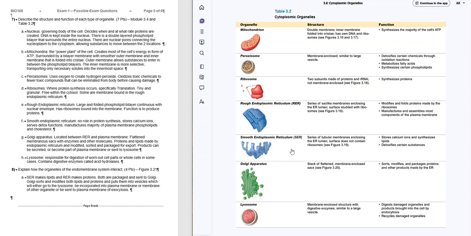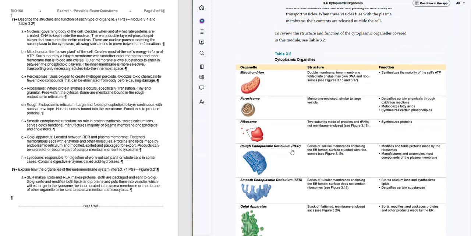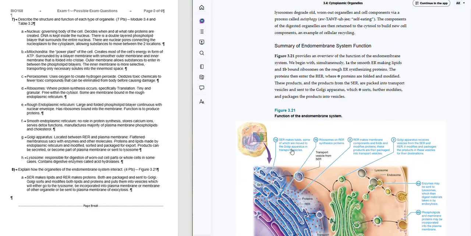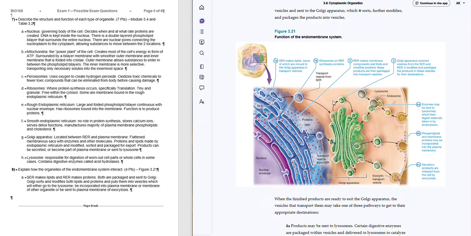And that can be found in Table 3.2. And then right above 3.2, where it's describing the importance of the endomembrane system, you can find that at figure 3.21, and it provides a summary of the endomembrane system function. And there are 4 outcomes, 4A, 4B, 4C, that will result in the endomembrane system.